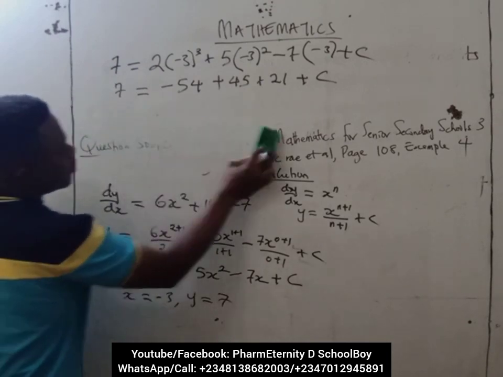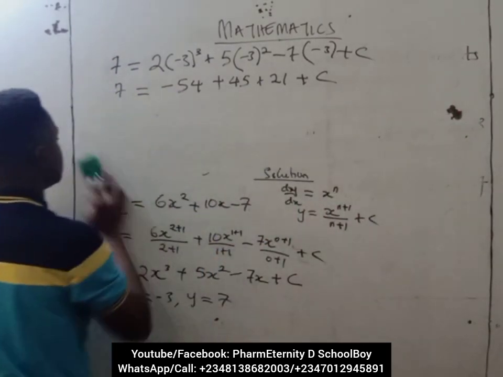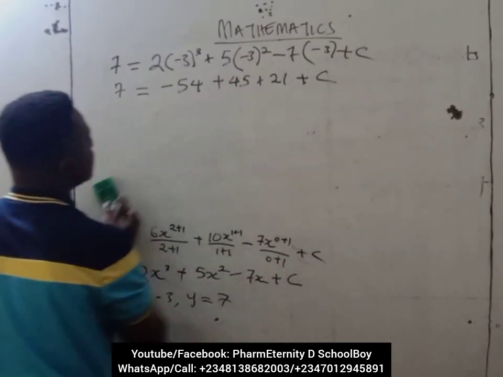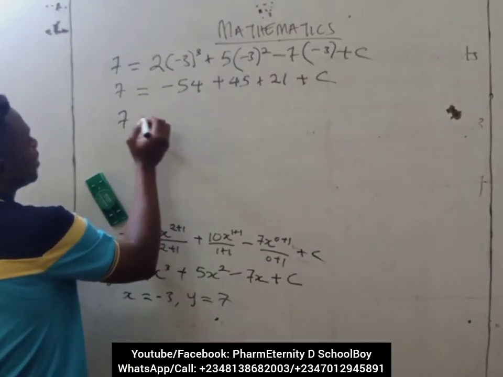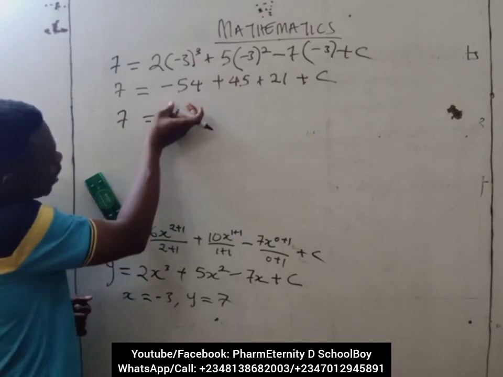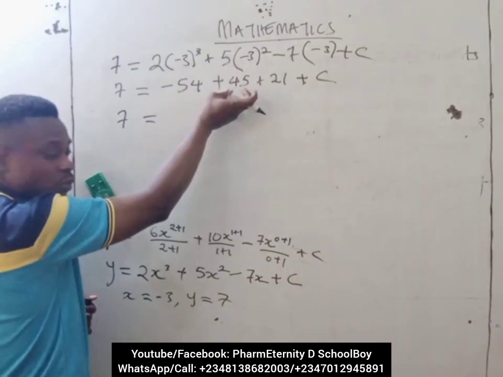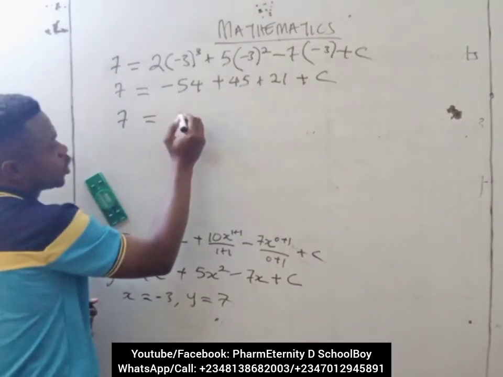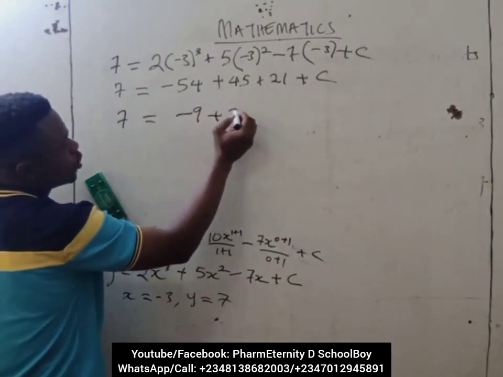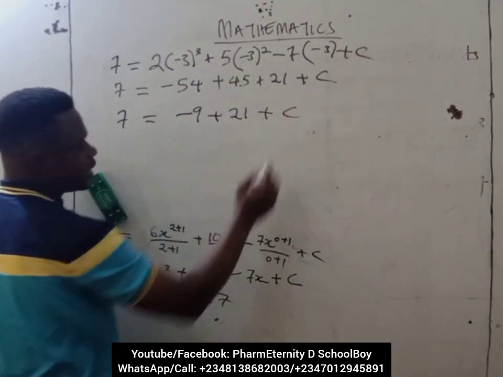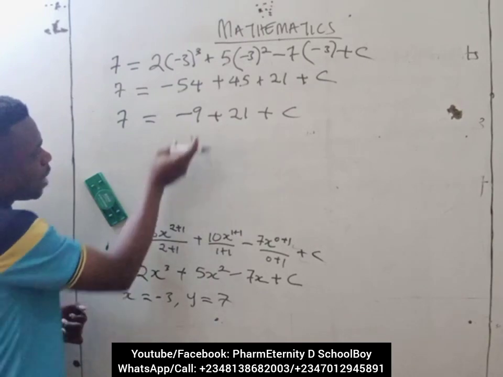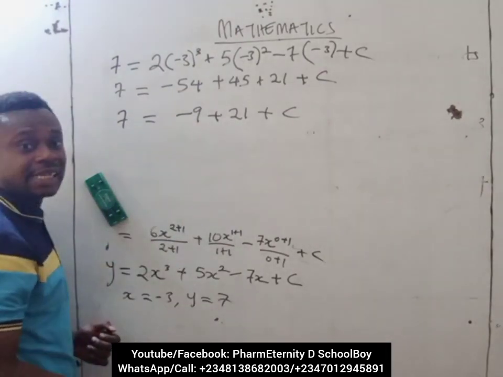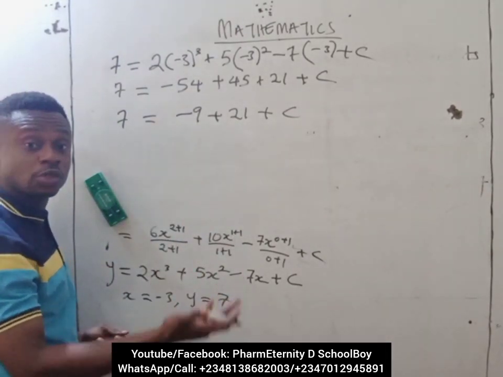Let me clean up. So let's go. 7 is now equal to minus 54 plus 45, which is what? Minus 9, plus 21, plus C. Minus 9 plus 21 is the same as saying 21 minus 9, which is what? 12.